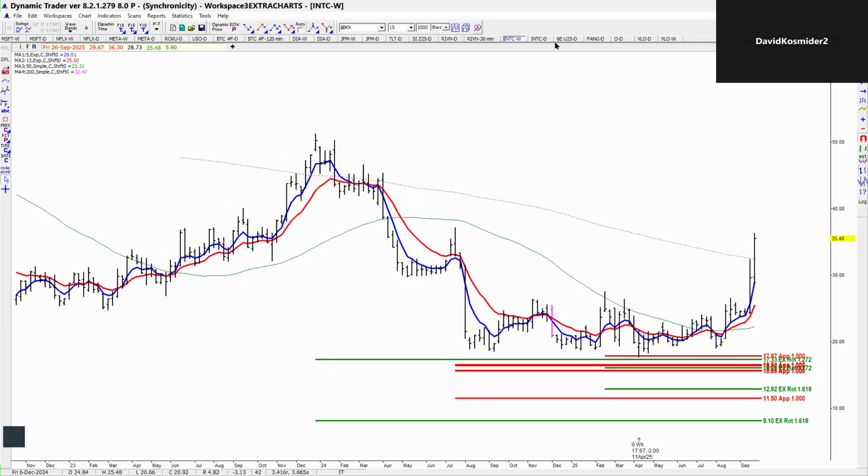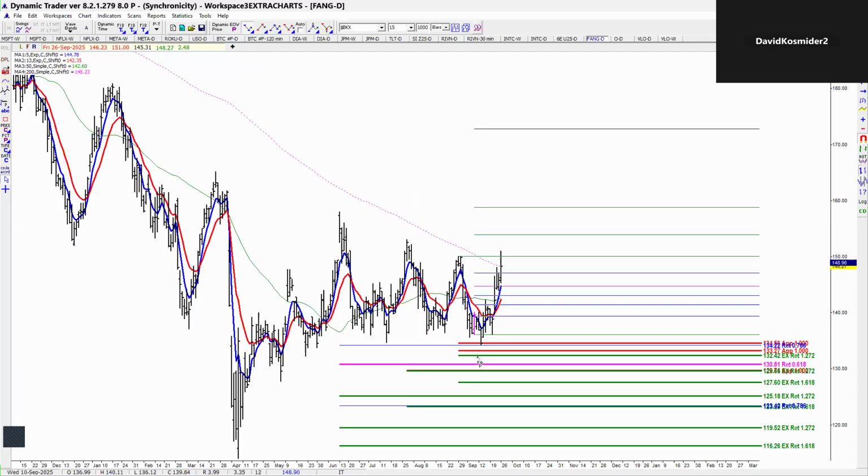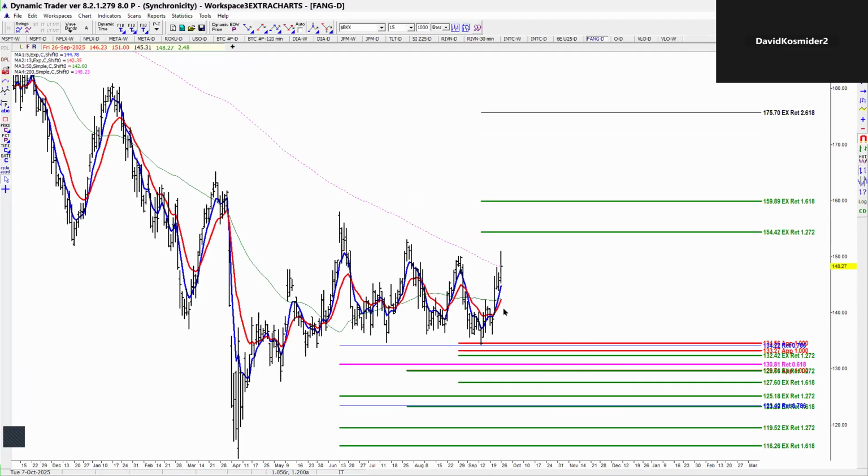We also had somebody have me look at Fang the other day. We did hold this area of support beautifully, but then what you need to do is you've got to know what your potential target is. So if this was your setup from this swing, that would give us a target one of 154.42.